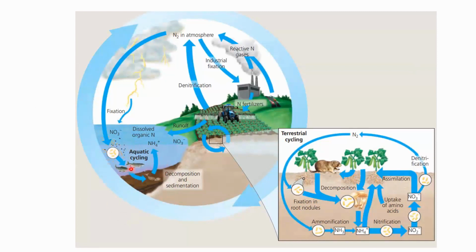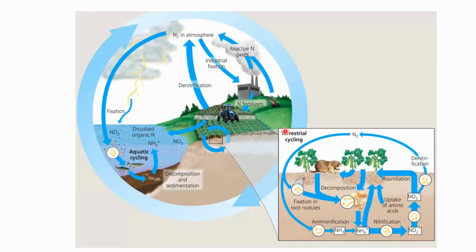These phytoplanktons or bacteria then convert the nitrogen into a form that can be utilized by the consumers, which upon decomposition and sedimentation again release ammonium, which is a form of nitrogen, back into the oceans.